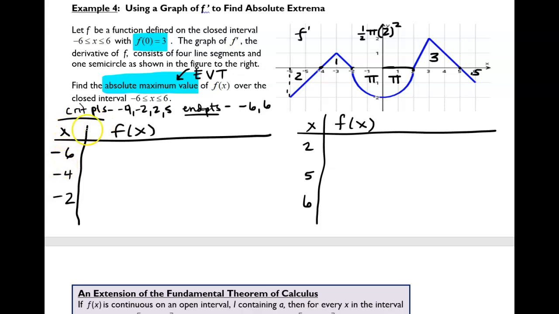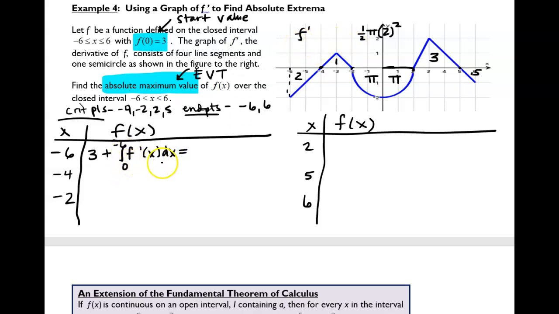So remember, if I want to find f of -6, what I'm going to do is use my starting value, f of 0, which is 3, plus my integral from my starting value 0 to -6 of f prime of x dx. This is my graph of f prime.